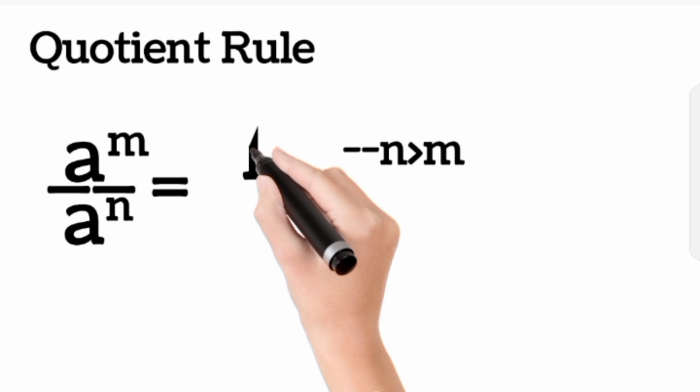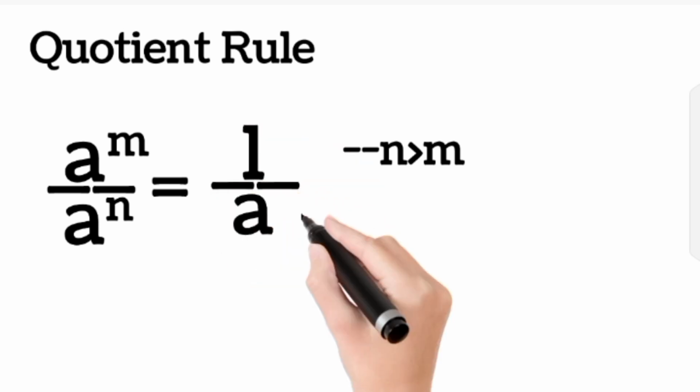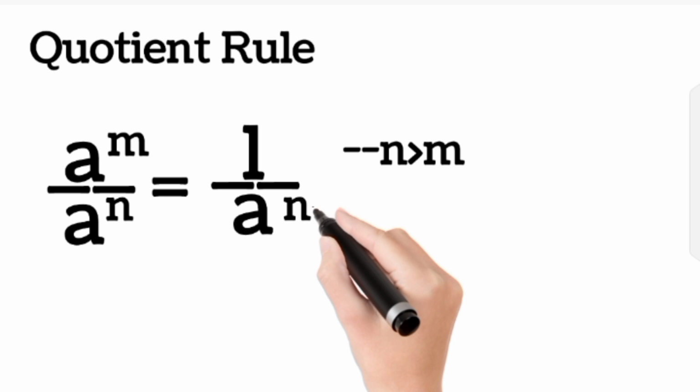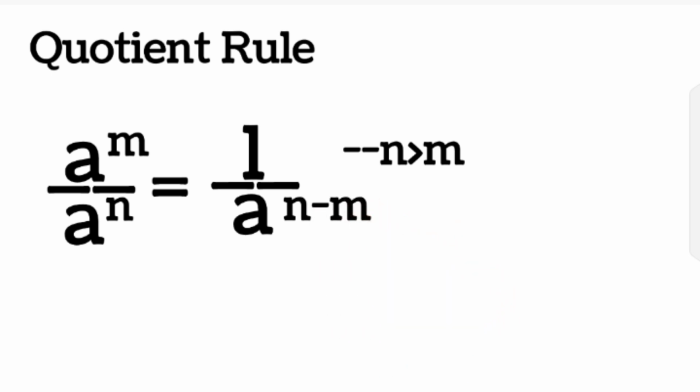We have now 1 over a to the power n minus m. So this is the new scenario when n is greater than m. The exponent must be negative, and this will result in its reciprocal.